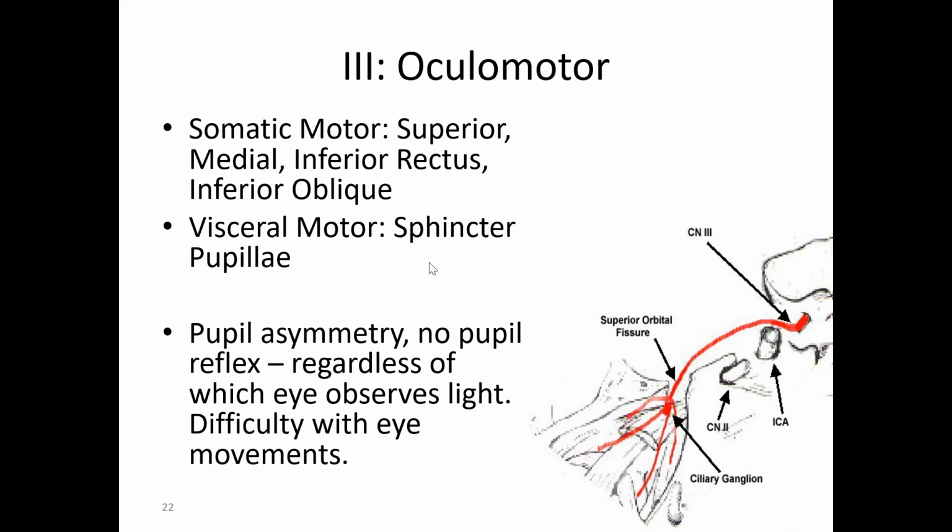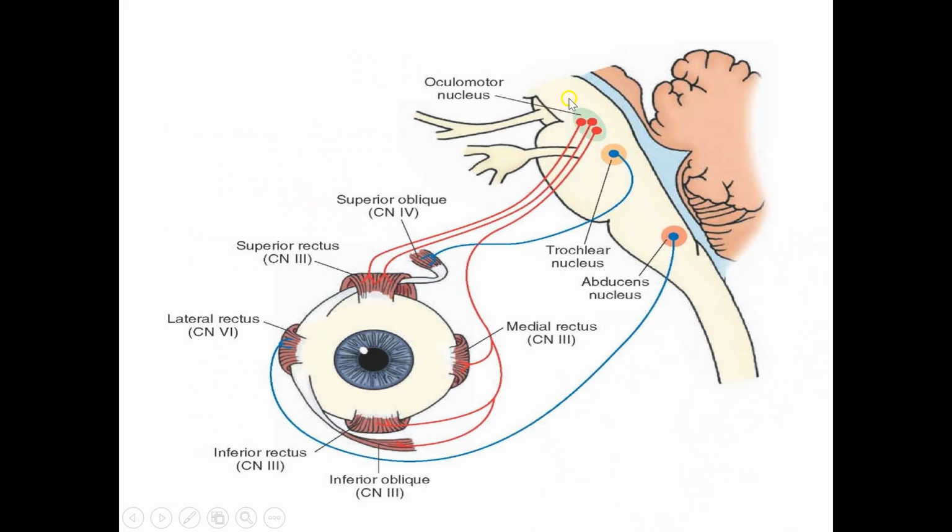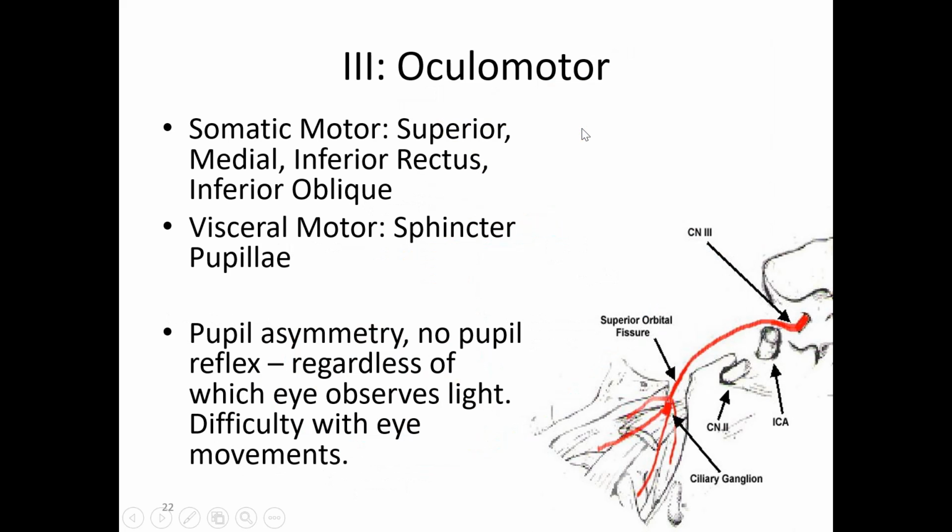This is the oculomotor nerve, third cranial nerve, which has a somatic motor component that supplies the superior, medial, inferior rectus, and inferior oblique muscles. Here you can see the third cranial nerve arising from midbrain structures and entering the orbit through the superior orbital fissure, supplying these extraocular muscles along with intrinsic eye muscles as well.